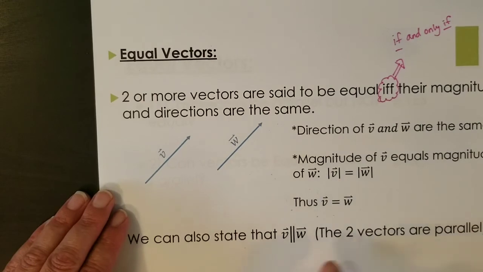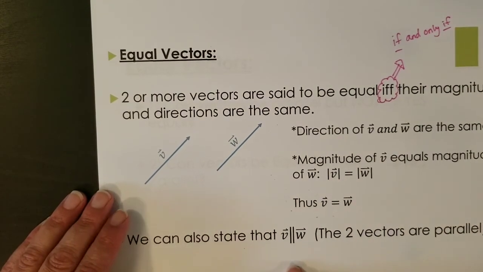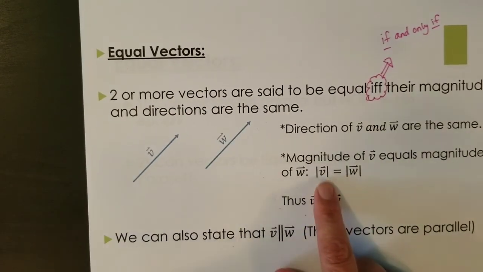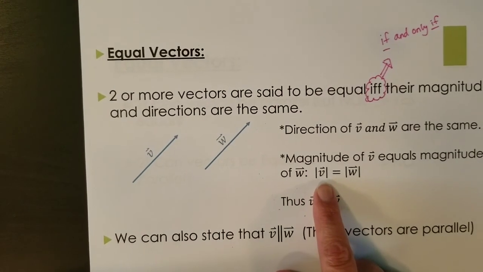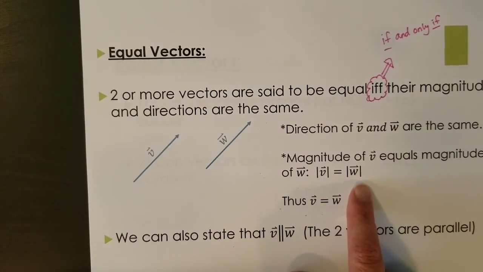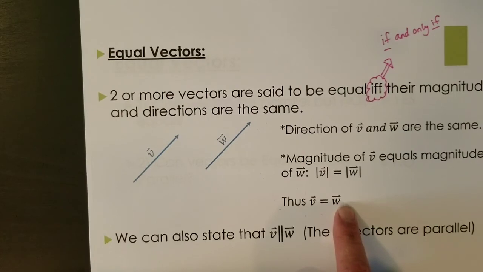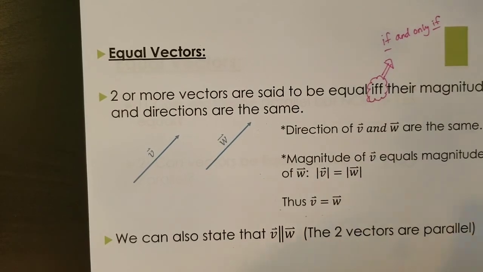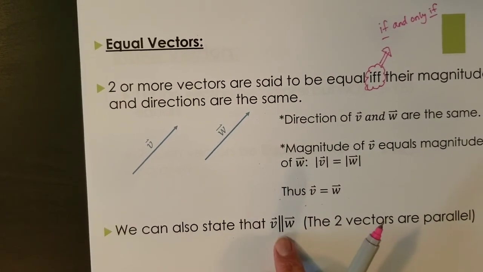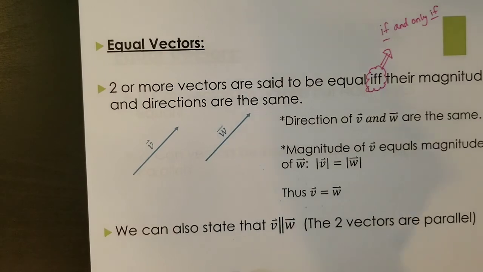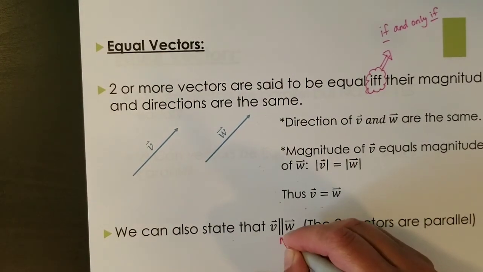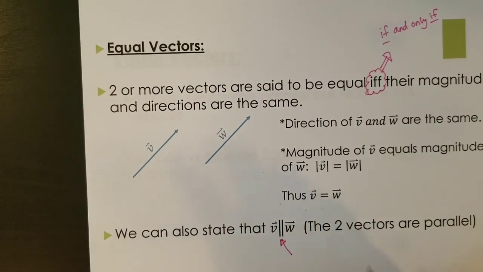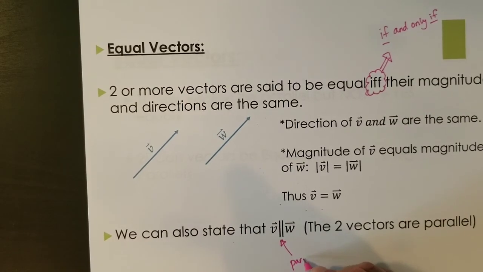Now, notation-wise, we're going to be able to say that the magnitude of V equals the magnitude of W, and also V equals W. So if the direction is the same and the magnitude is the same, then the two vectors are the same. Another notation here, which looks a little similar to that magnitude notation, is two vertical lines between two variables, which indicate that they're parallel.